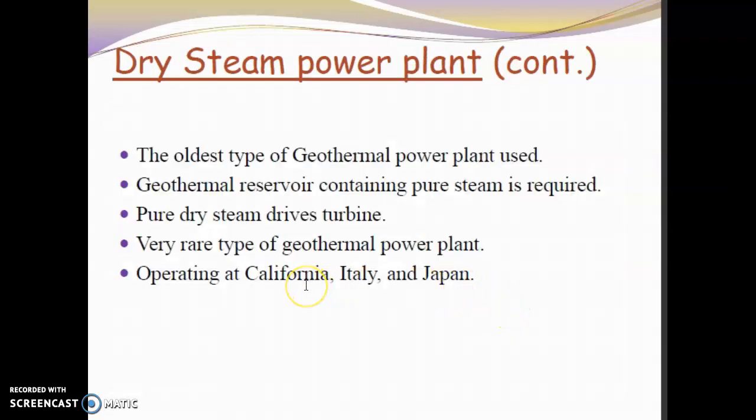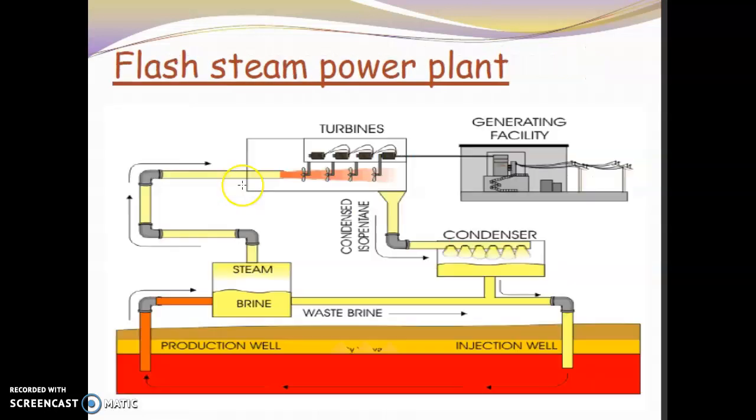It is the oldest type of geothermal power plant, and pure steam is required from the reservoir to drive the turbine. It is a very rare type, operating in California, Italy and Japan.